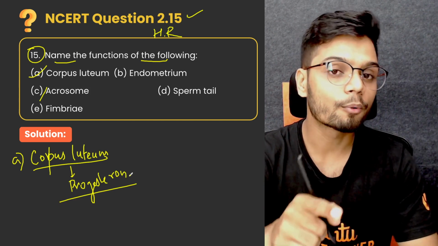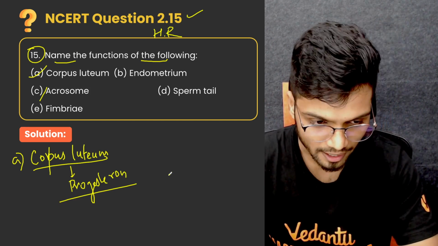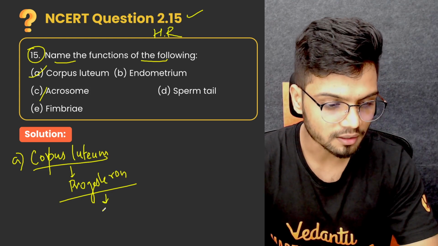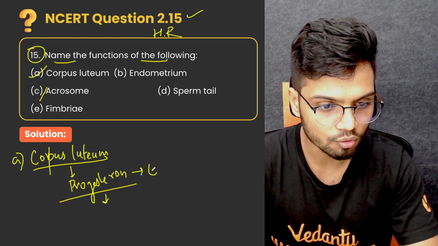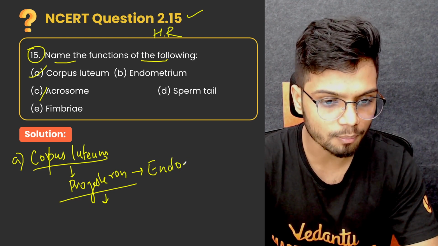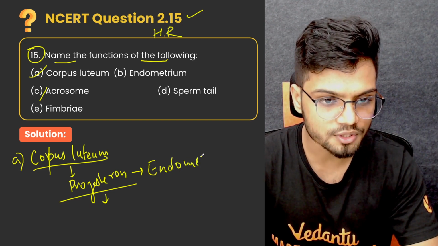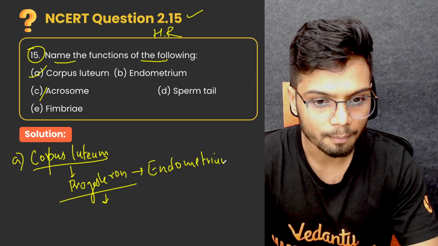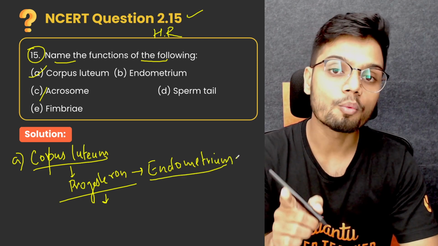Progesterone maintains the endometrium. So the function of corpus luteum is to produce progesterone, which helps in maintaining the endometrium.